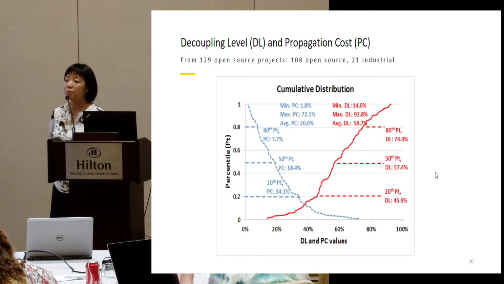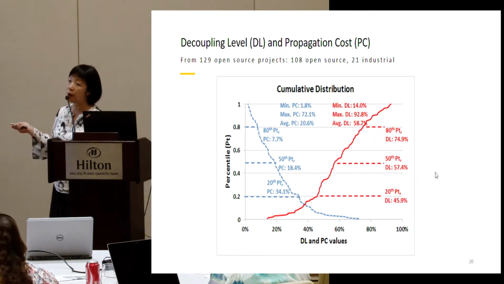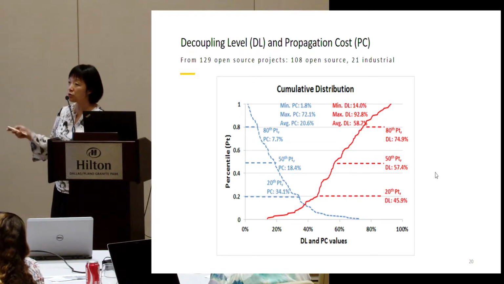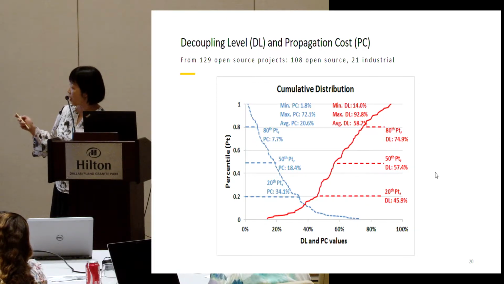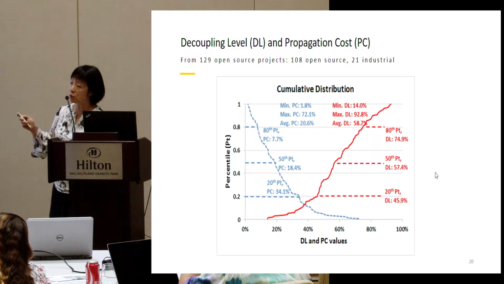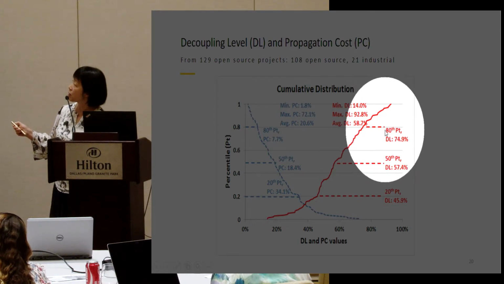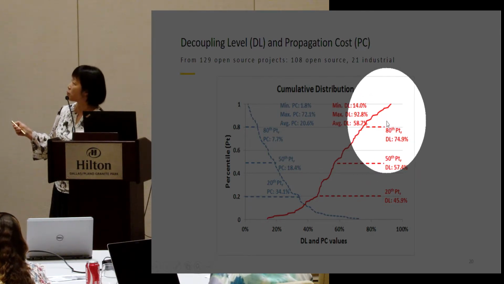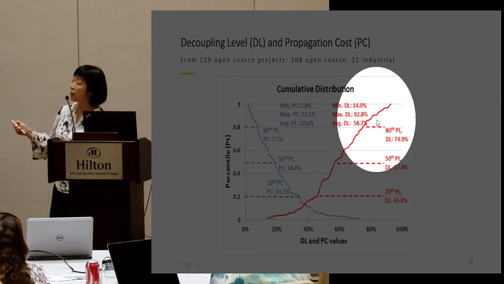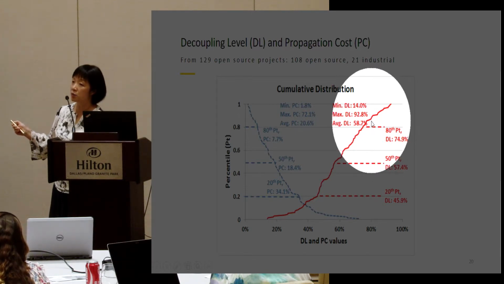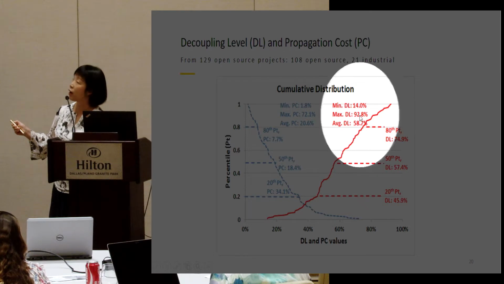In order to make a meaningful comparison, this is a data set we published in 2016, which contains 129 projects, and we rank these 129 projects based on their DL score and PC score. The red one is the DL score, and the blue one is the PC score. As you can see, if a system's decoupling level score is 74%, it can be ranked around the 80th percentile, which means it's better than 80% of the other 129 projects.